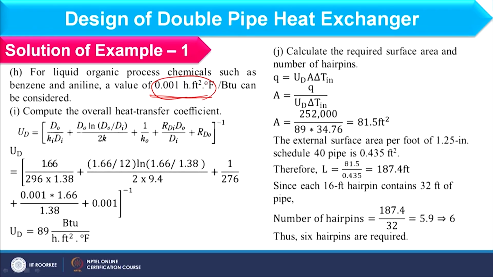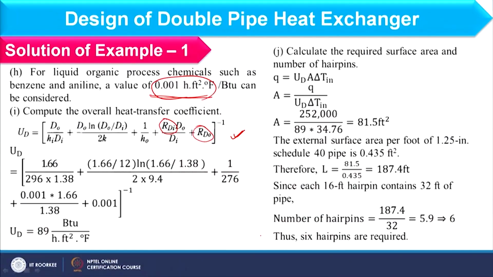Considering this, we can calculate the overall heat transfer coefficient using this expression, where R_Di and R_Do are dirt factor values, and in some expressions we can use the dirt coefficient, that would be h_od or h_id, if you remember the basic design parameters lecture.